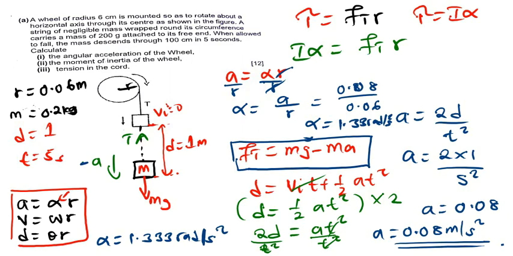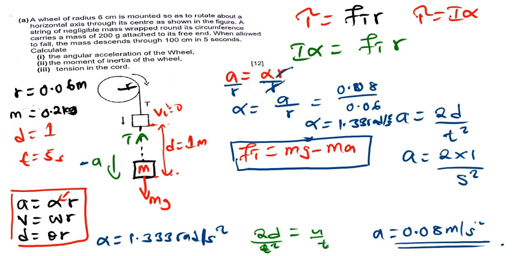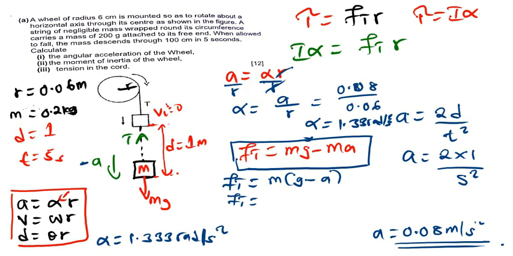Now I'm done with that. Now I can go ahead and find the tension force. That is part 3. So the Ft is equal to, I can factor out m, g minus a. Ft will be, m is 0.2, g is 9.8 minus 0.08.